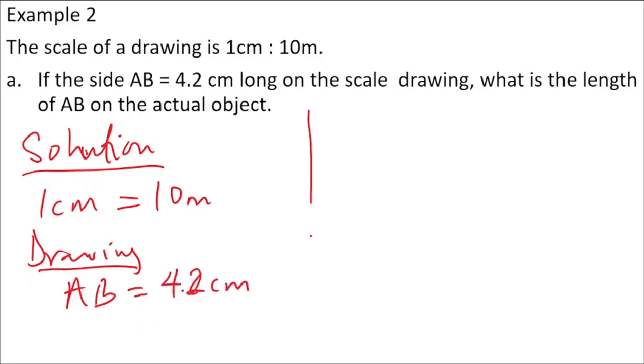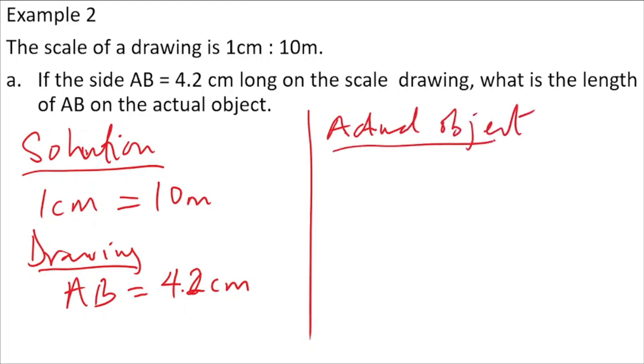Now, what will this be on the actual object? Now, please take note. The length AB, since 1 centimeter is representing 10 meters, so we now have 4.2.